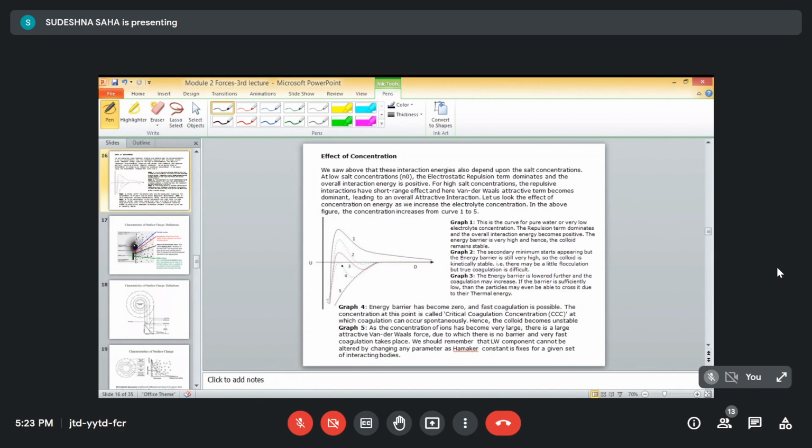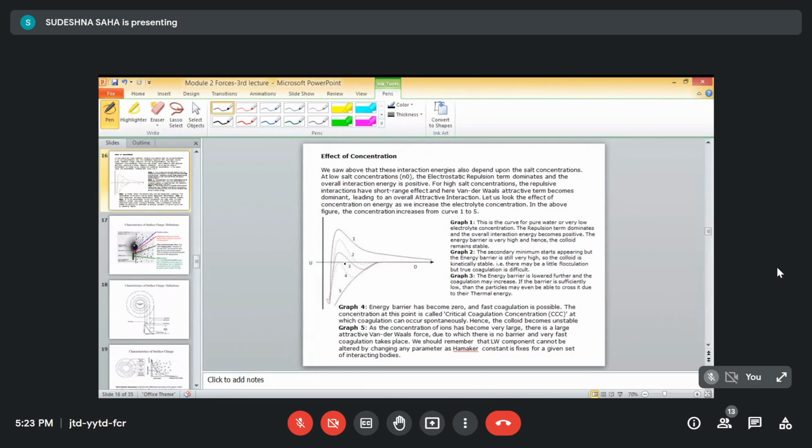In the fourth one, the energy barrier becomes 0, and you will see the first coagulation take place. The concentration at this point is known as the critical coagulation concentration, at which coagulation can start occurring spontaneously.